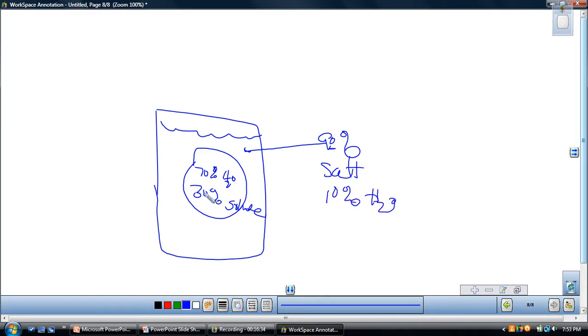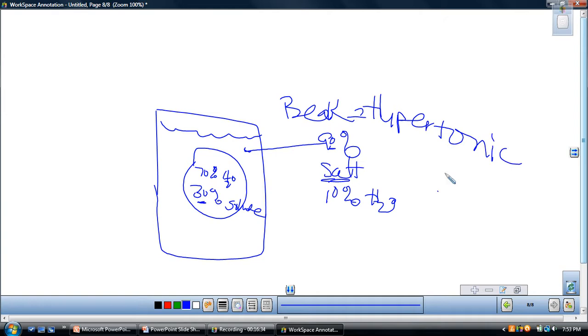So if I compare the inside of the cell to the outside of the cell, 90% salt is more solute compared to 30% salt. So my beaker, in this case, is hypertonic. That means more solute, less H2O. My cell would be hypotonic, because it would have less solute and more water.